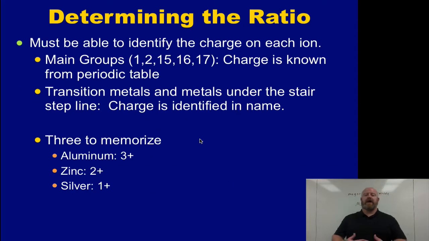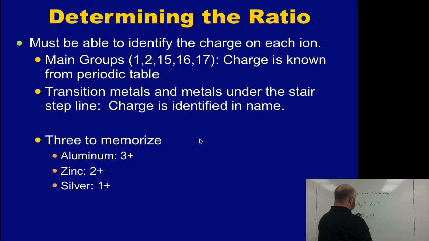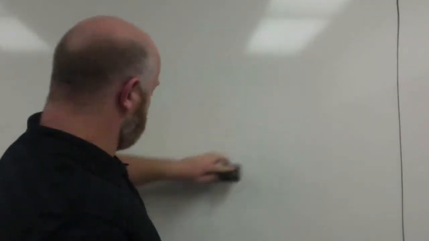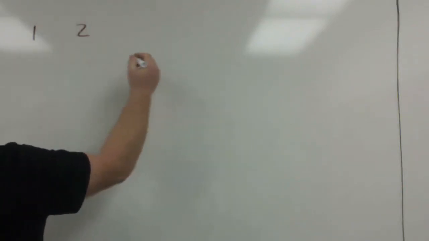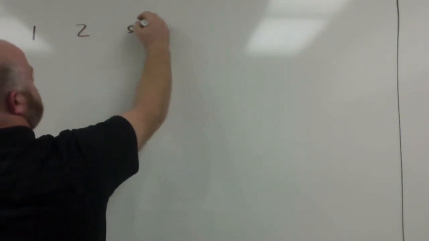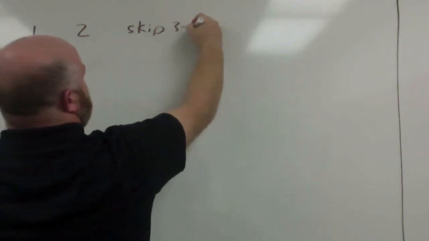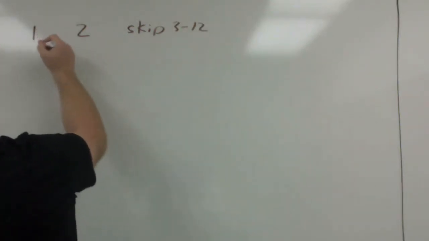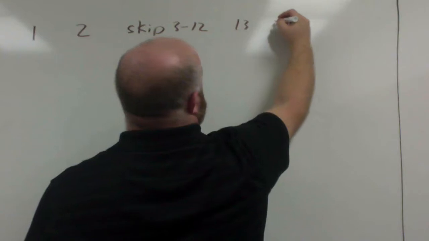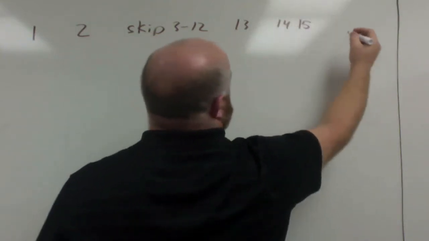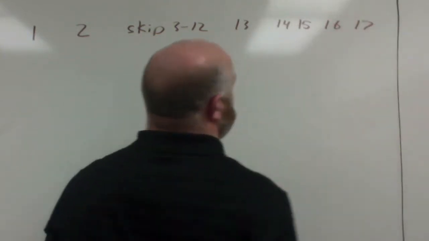So our first step is, how do we determine that ratio? Again, we fall back to what are the different ionic charges that each atom is going to generate when they turn into ions. For our main group elements, our main groups are groups 1 and 2, and then we skip 3 through 12, and then we get 13, 14, 15, 16, and 17.